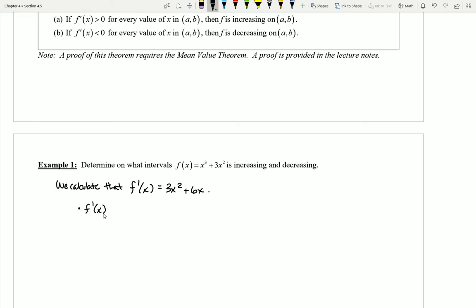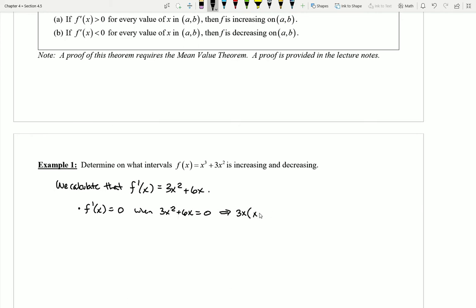So first, my f prime of x will be equal to 0 when 3x squared plus 6x will be equal to 0. I can solve this more easily by taking out a common factor between these terms.